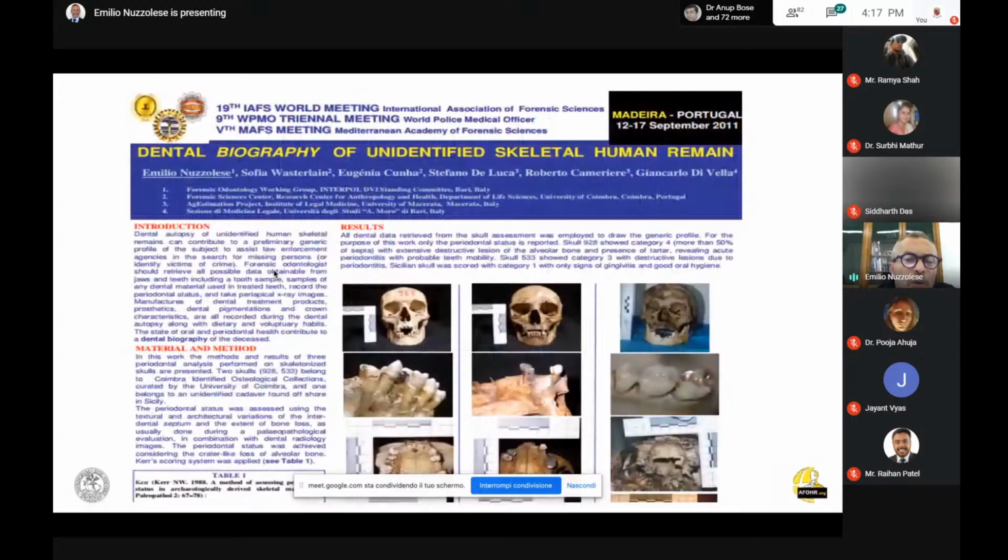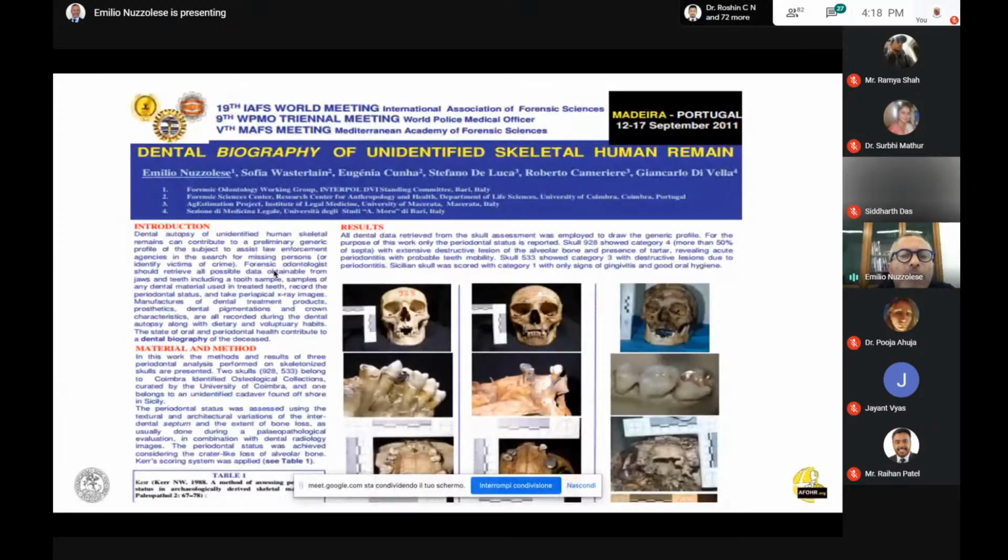In summarizing what we can obtain doing a complete dental autopsy, inclusive of dental radiology, is what I decided to define as dental biography, which is the biological profile from a dental point of view of the unidentified human remain. The dental biography is not only related to what we find in terms of dentistry.